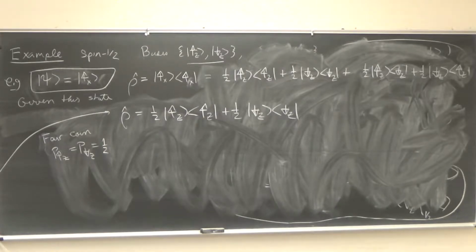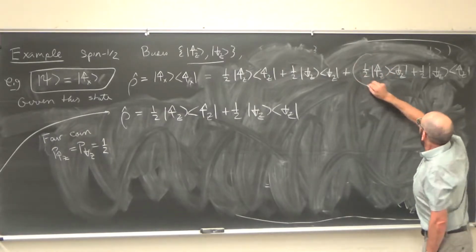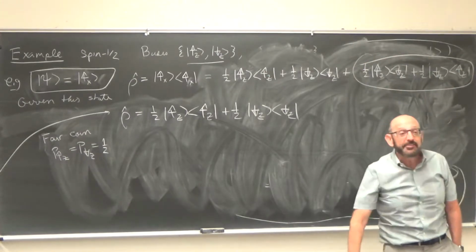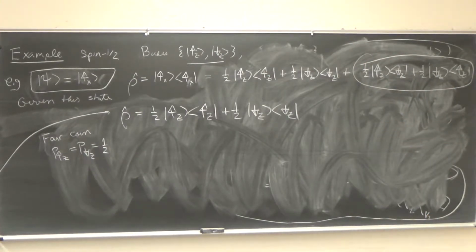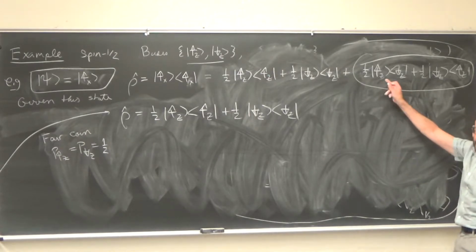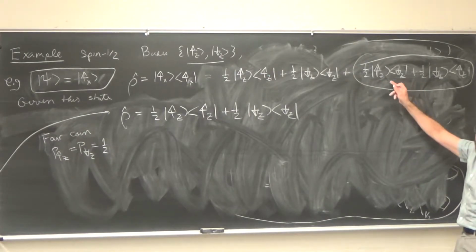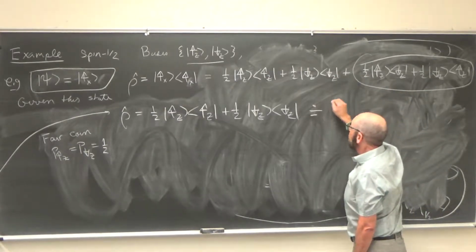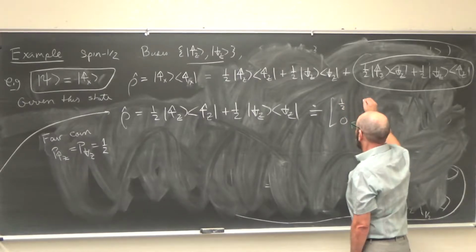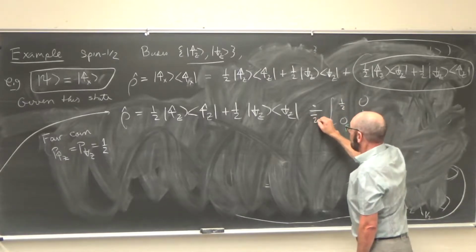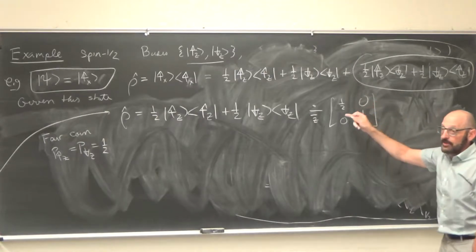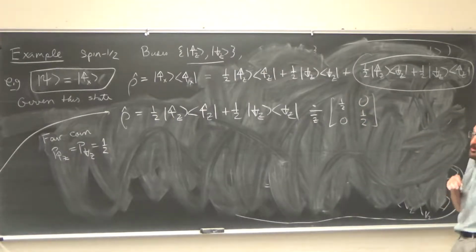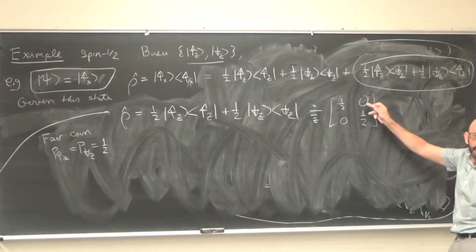This state has coherences with respect to the z basis, which means that there can be quantum interference between those alternatives. Whereas this state, if I write it as a matrix in the Z basis, has no off-diagonal elements, and thus there will be no interference between those alternatives.